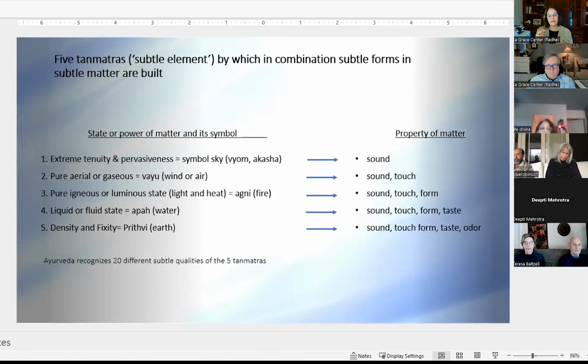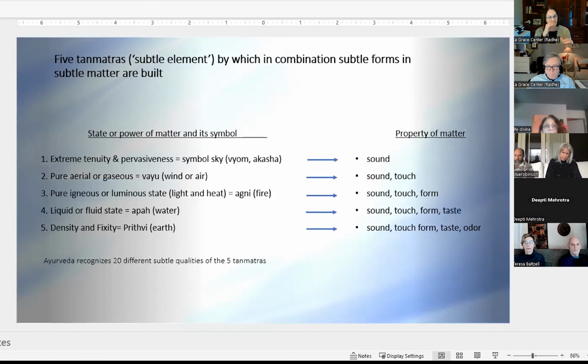And so this last property of matter that evolved was odor. Since earth is typically solid substance, as they looked around, what has this property of sound, contact, form, and taste? It was earth. And so the rishis gave the conventional symbol earth to this fifth.